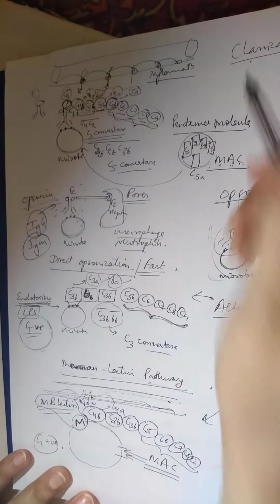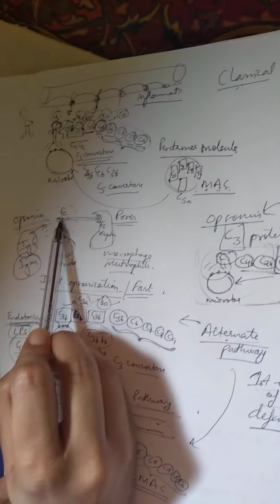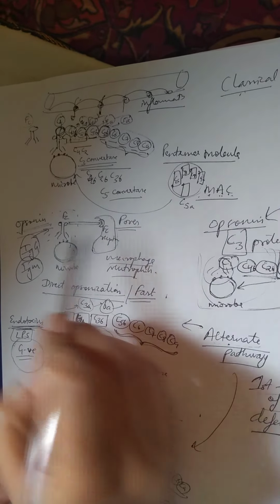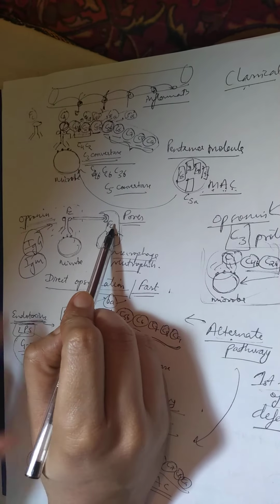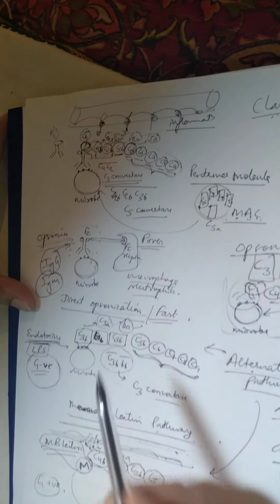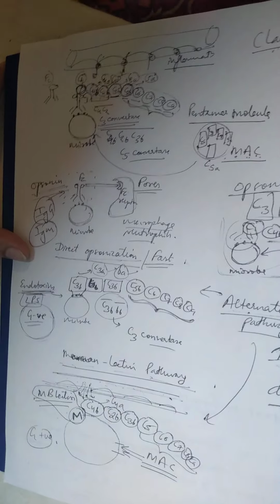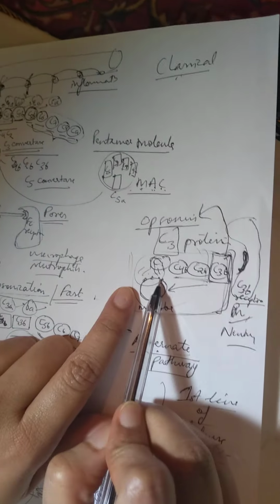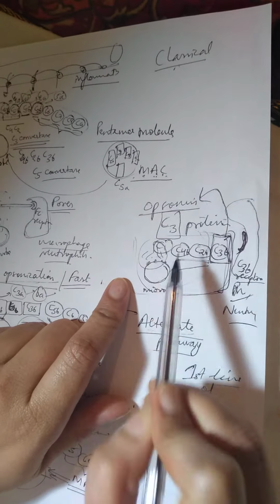Now, in the classical pathway, these two molecules are acting as the opsonin. One is the antibody itself. It is directly attaching with the neutrophils or the macrophages. That's why it is the direct opsonization. And now this C3 is actually having antibody also, and this whole complex is presented to the phagocytic cell.